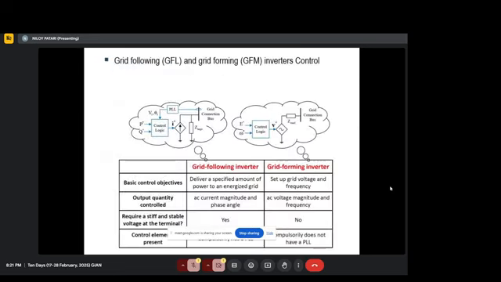Okay, so there are two other important control modes for inverters, which are grid following and grid forming. Grid following means that you have a converter which is connected to the grid, but it just follows the grid.